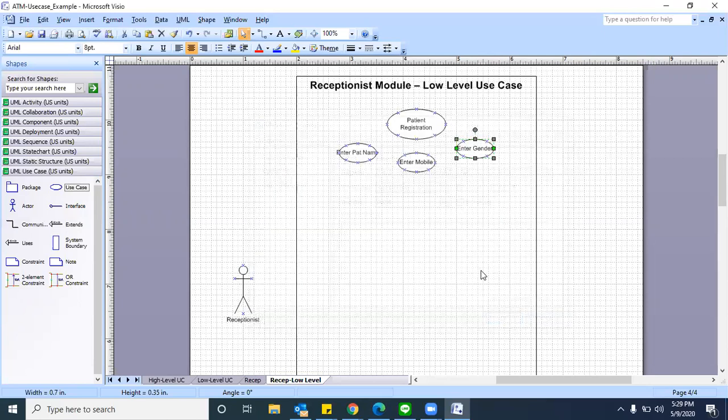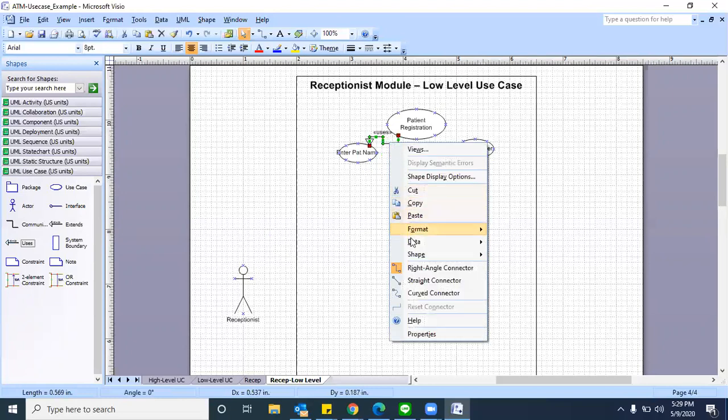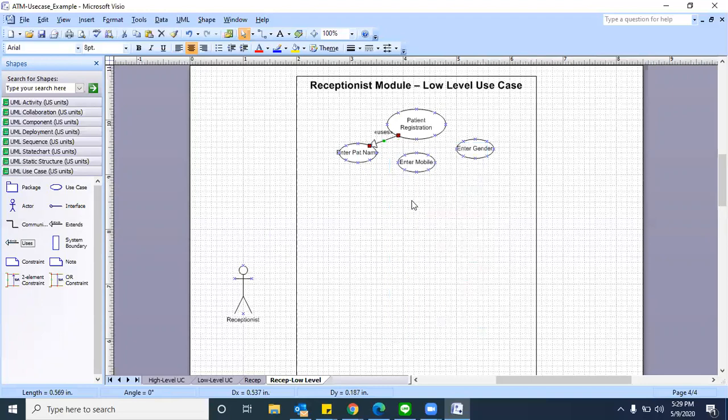Now you tell me whether these three are includes, extends, or generalization. It's includes, sir. These three are mandatory, right? Correct. And includes, I told you one definition. Includes will always come from the essential use case. Check with your notes, we discussed it. Remember the arrow should be below.